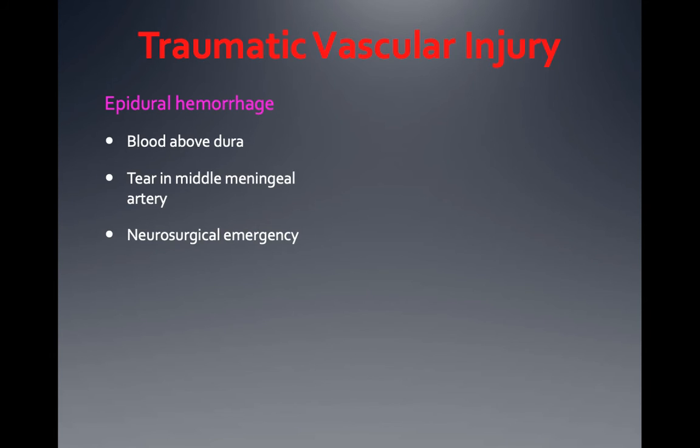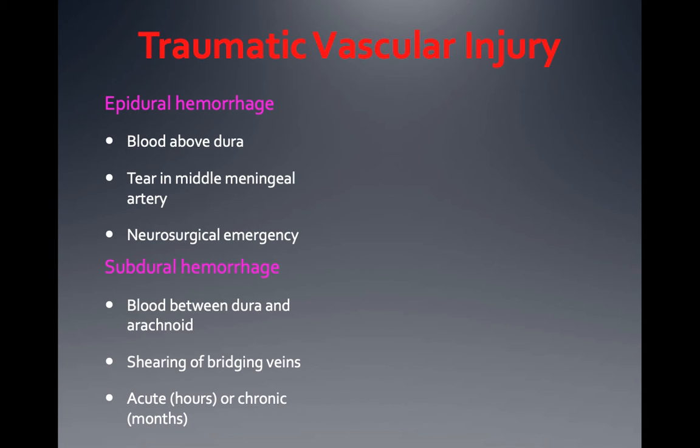So again, epidural hemorrhage is going to be above the dura, between the skull and the dura mater, and that means any blood that is forming isn't going to press directly onto the brain because the dura is making sure it doesn't get to the brain. Subdural hemorrhage or subdural hematoma is blood between the dura in that subdural space and the arachnoid, and a lot of times this is due to shearing of bridging veins.